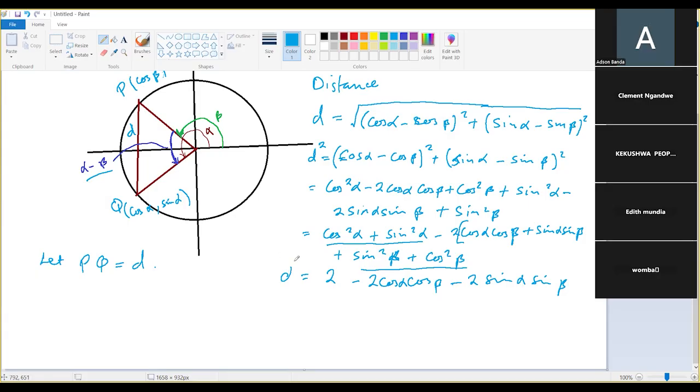So we found d squared to be equal to what we have here. Now, let's say we move the point P so that it is at that point.